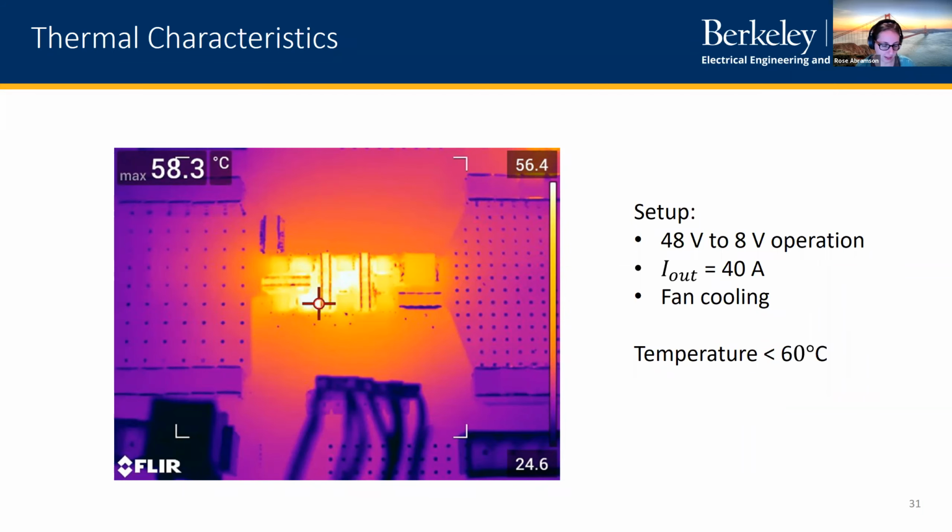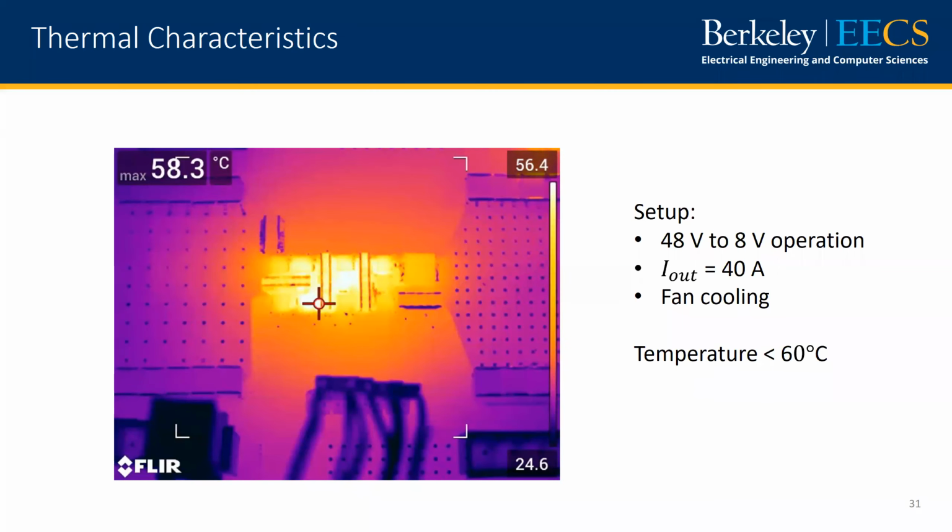The really critical heat paths are more between the intermediate layers inside this bounded box area. And we haven't found that we need to use heat sinks for this topology at this output current and power. Simple fan cooling blowing over the top of those switches is enough that we can maintain around 60 or lower.